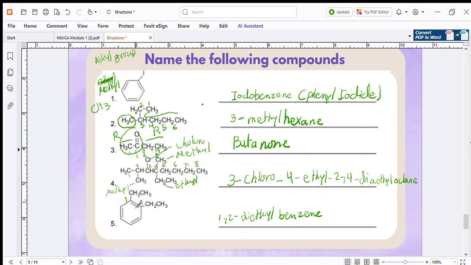So one of its common names is O for ortho, orthodiethylbenzene. That's another common name. So, malinaw lang po. Natapos natin ang 1 to 5.